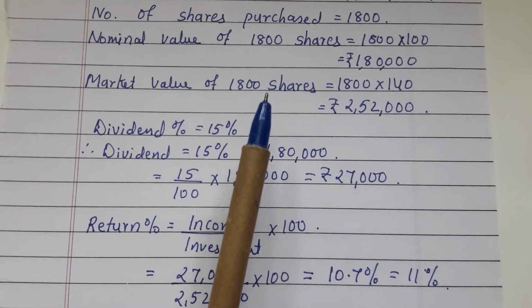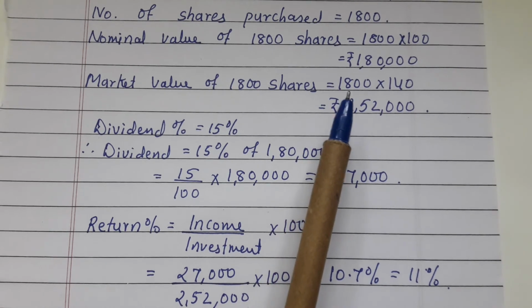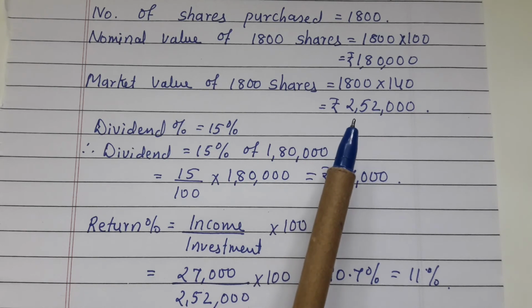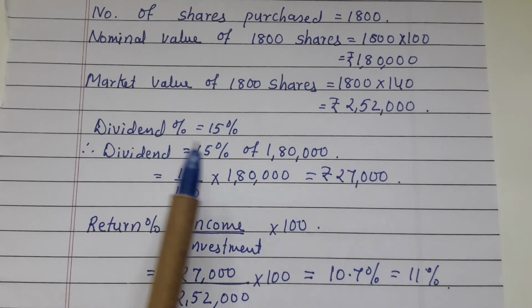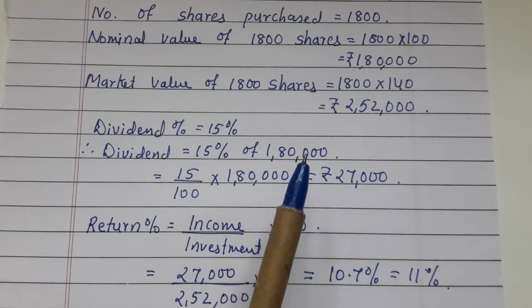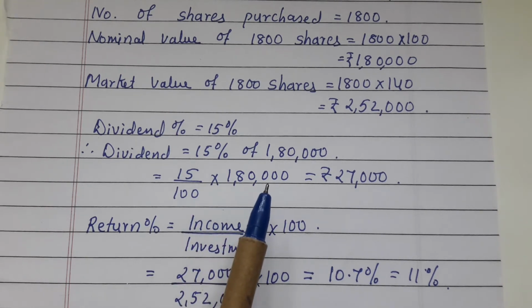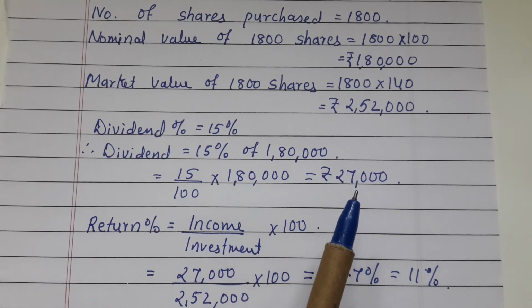Market value of 1800 shares is equal to 1800 into 140, that is equal to rupees 2,52,000. Dividend percent 15%. 15% of nominal value. 15 upon 100 into 1,80,000, that is equal to rupees 27,000.